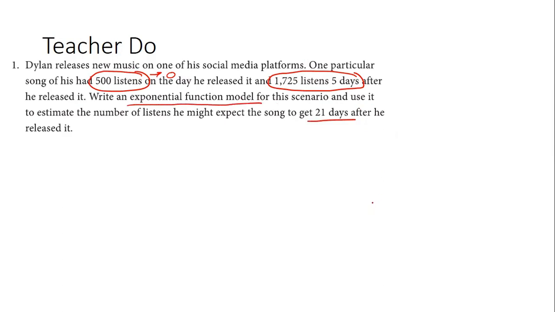All right. So the first thing we're going to talk about is remembering our format is y equals a times b to the x. For the sake of this, I don't use b because my b looks like a 6. So when I start plugging in numbers, it looks weird. So you would see I use y equals a times c to the x so that my b doesn't look like a 6. Does that make sense?